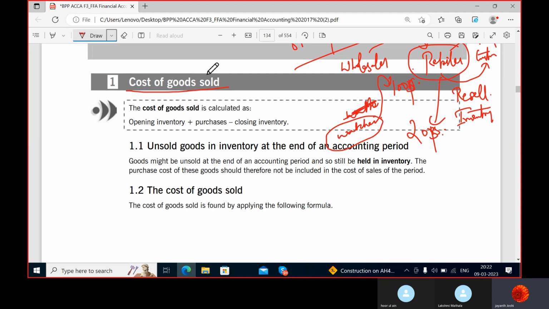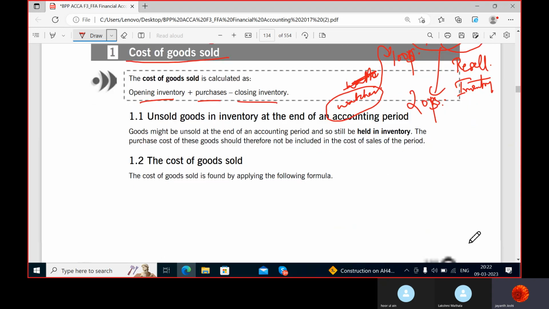COGS, cost of goods sold. Very simply, the formula for cost of goods sold is opening inventory plus purchases minus closing inventory. So what are we doing here? Suppose let's say on Jan 1st, we started our business with like one watch box. Okay. And on Jan 5th, we purchased 5 boxes.